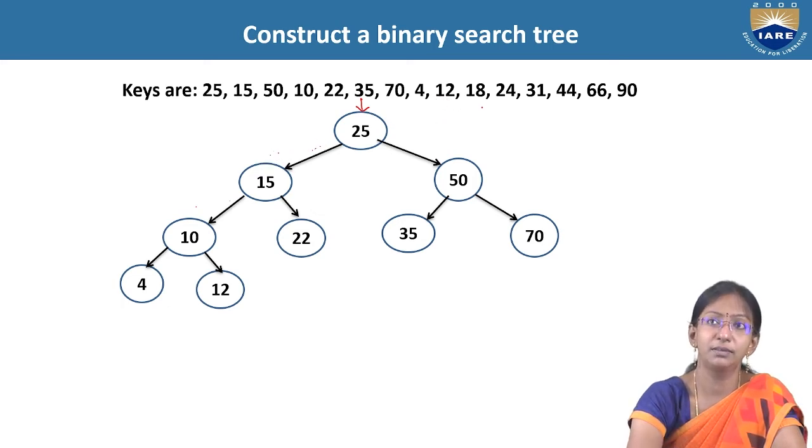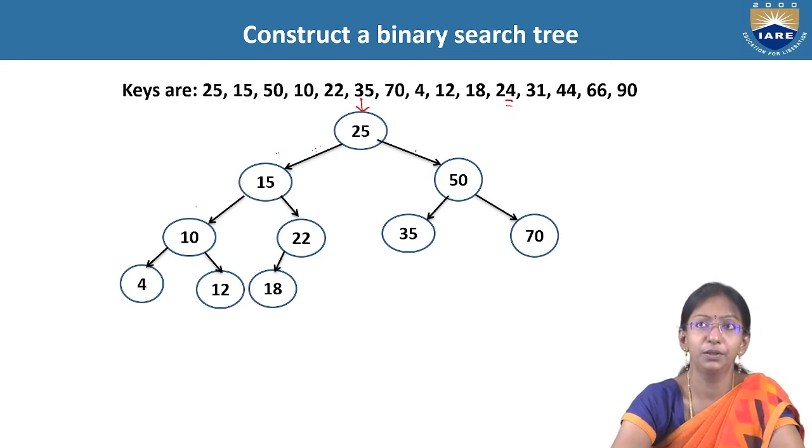Next element to be considered is 18. Start comparing with the root. Lesser, compare with 15, greater, compare with 22, lesser. So introduce 18 as the left child of 22. Okay. The next element is 24.